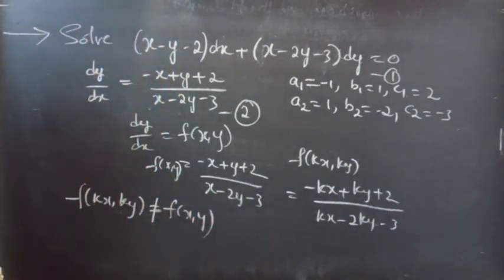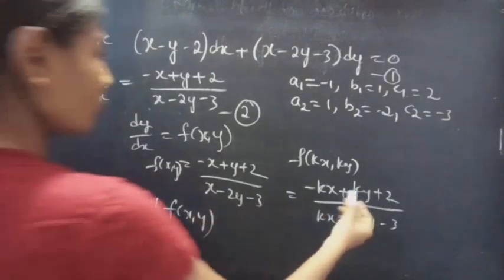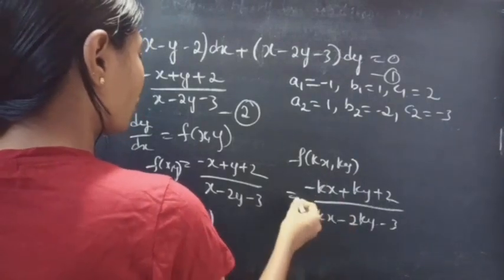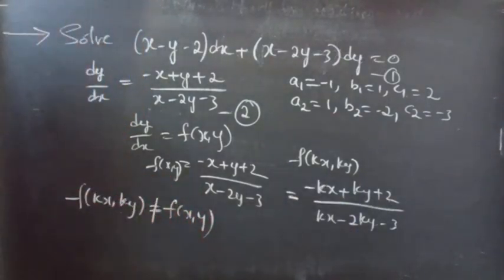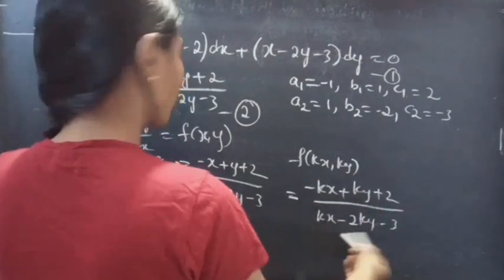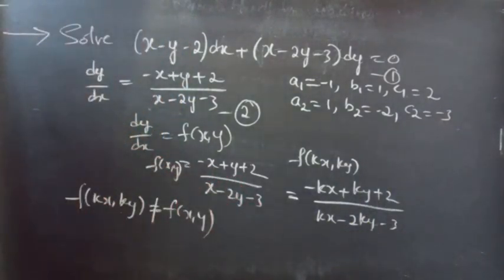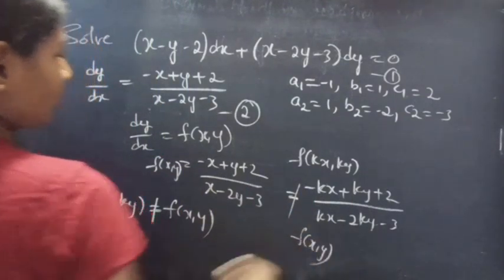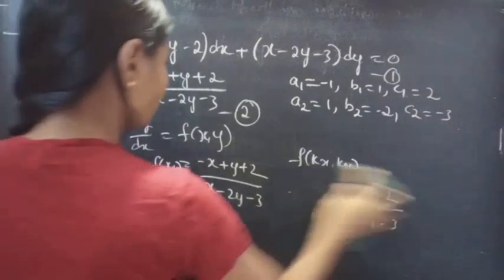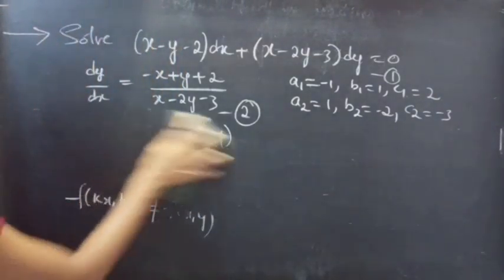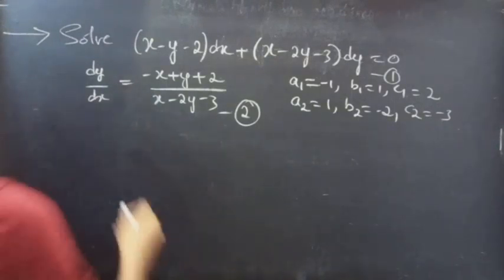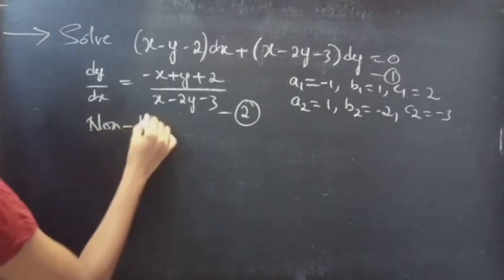So there is k in the first two terms of the numerator and denominator, so there is no possibility of cancelling k from the numerator and the denominator. So this is not equal to f of x, y. Okay. So here equation 2 is a non-homogeneous differential equation.